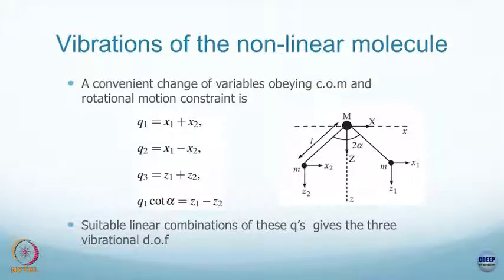Looking at these constraints of center of mass and angular momentum about the center of mass being 0, you can try to rewrite the Lagrangian.